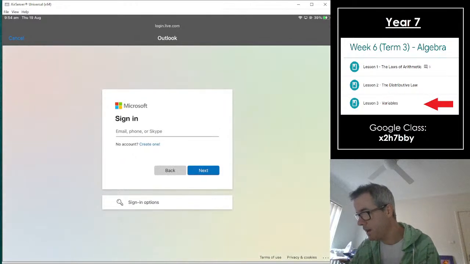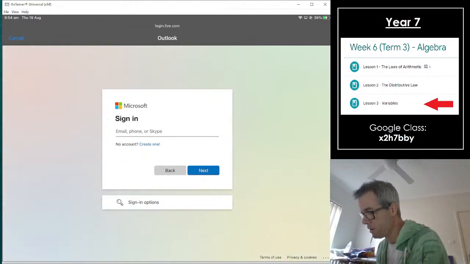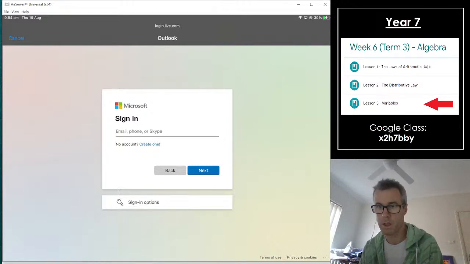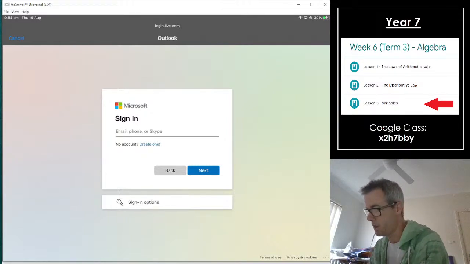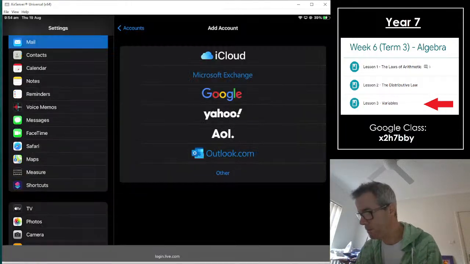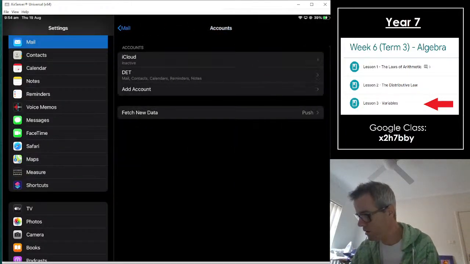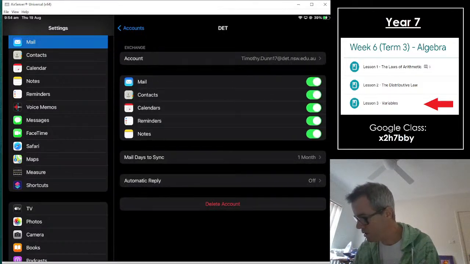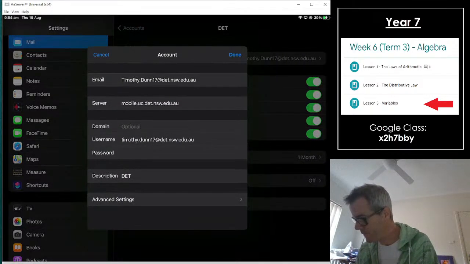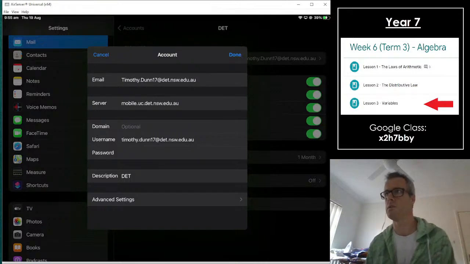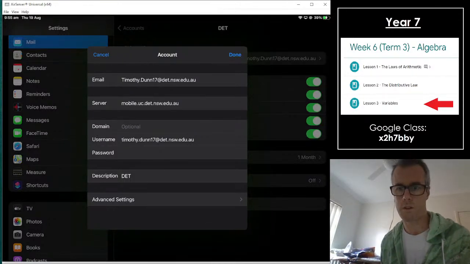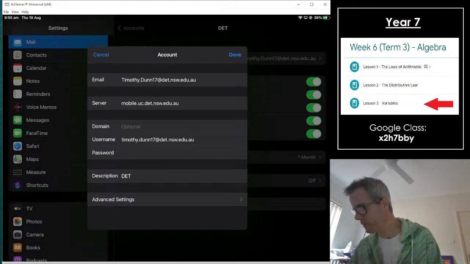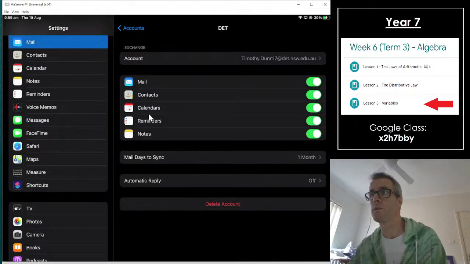From here, you can log in using your @education email. Then I think those are the settings that you use, like so. I don't know, something like that. It's been a while since I've done it.